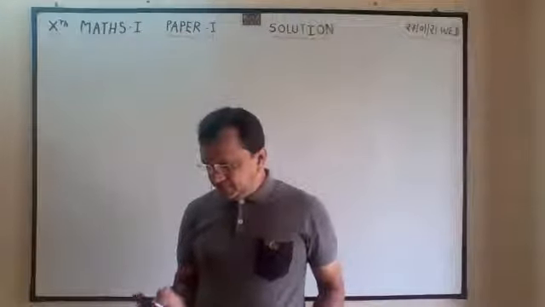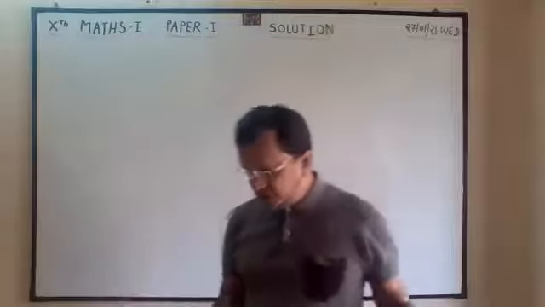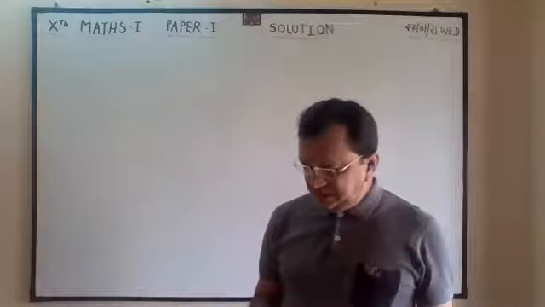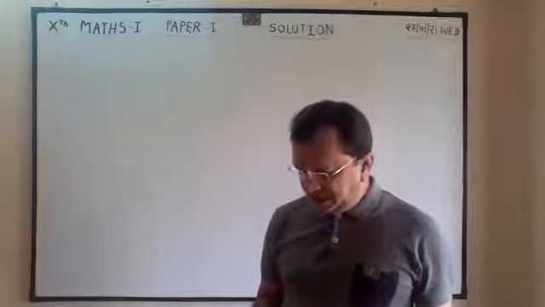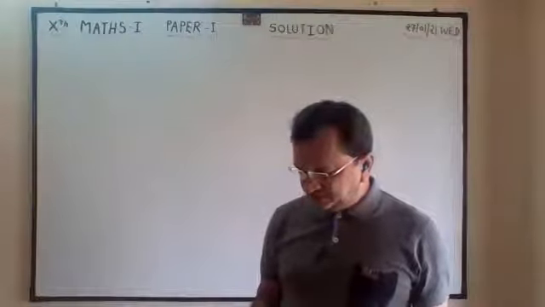Total salary of one day of both of them is 720. Find the daily wages of skilled and unskilled worker.